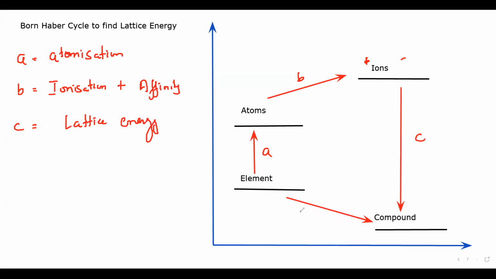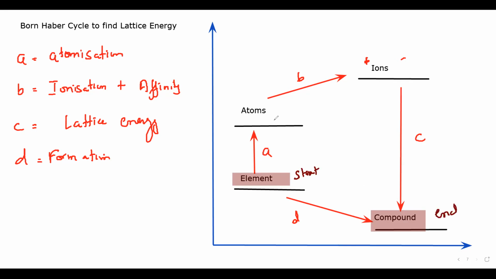If we label this as D, D is the formation. So when we write the cycle, where the two arrows are pointing out, that is the start of the cycle, the Hess law, and where two arrows are pointing in, that's the end of the cycle. So this is the start, and this one is the end.